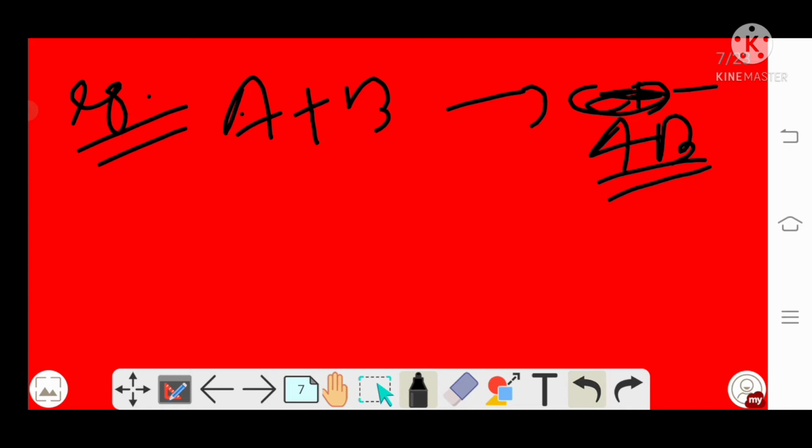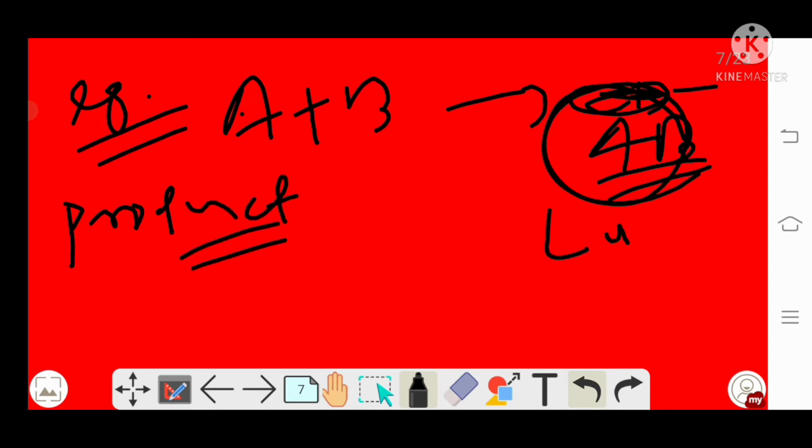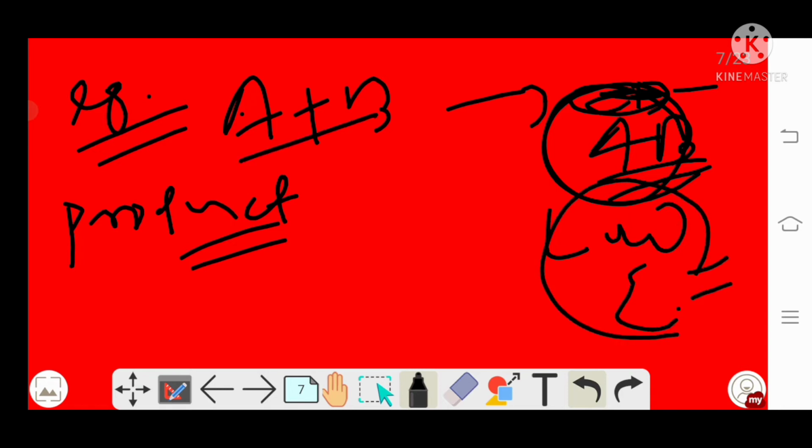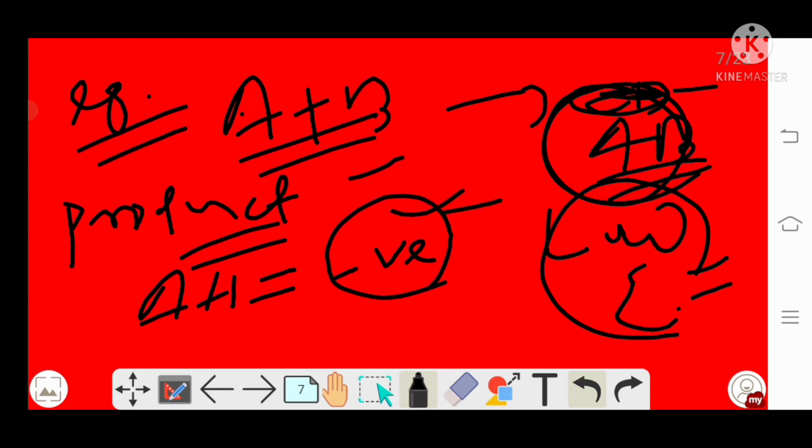The condition is that the product has lower energy than that of the reactant. So the enthalpy of reaction is negative, so energy is released.